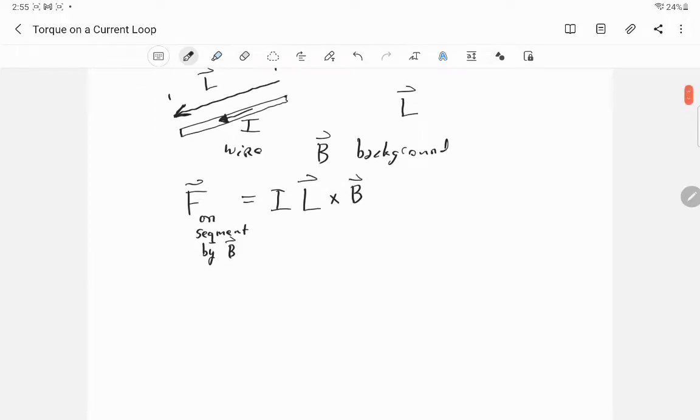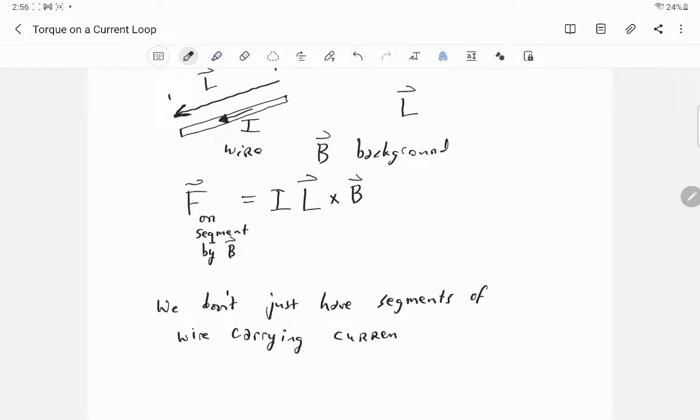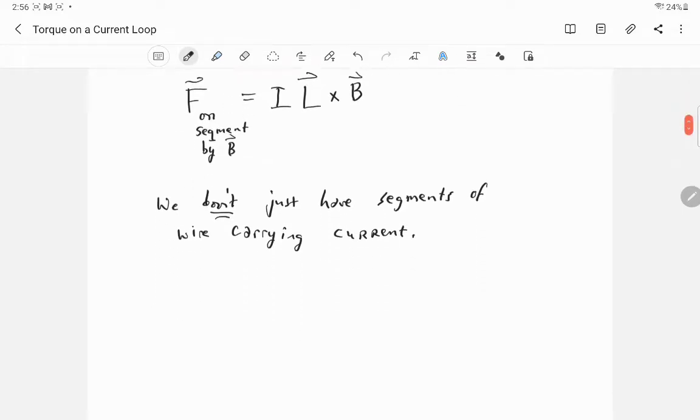But the thing is, we don't just have segments of wire that carry currents. That's not what normally we have in nature.